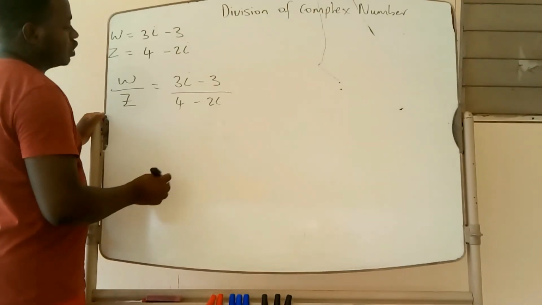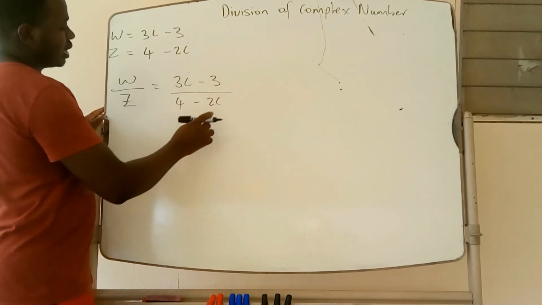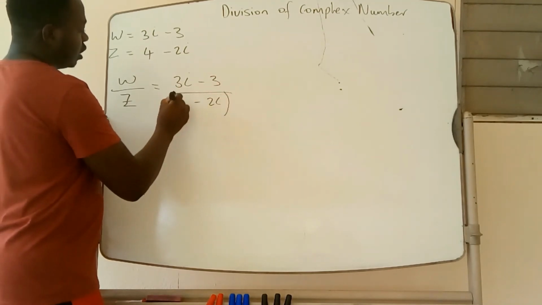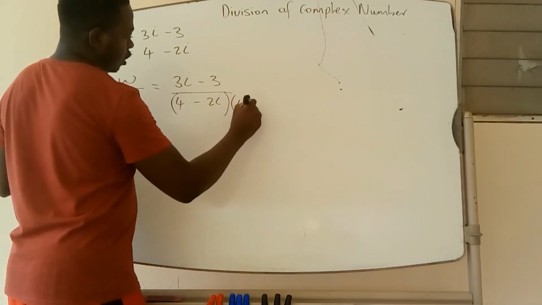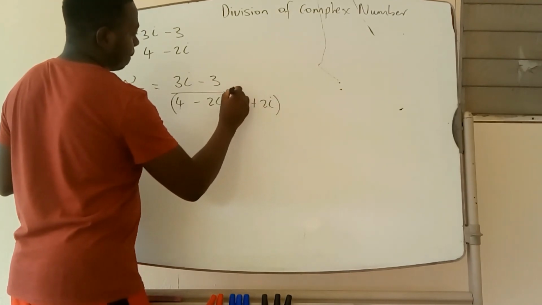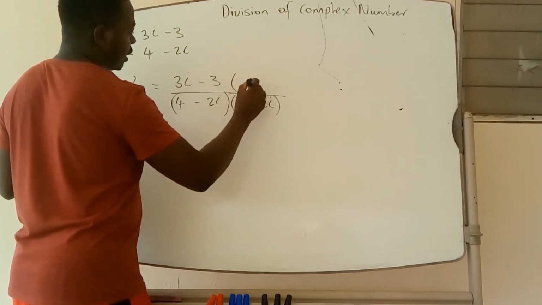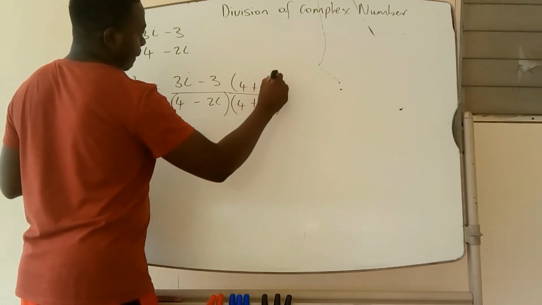Now we know that we must multiply both the denominator and the numerator by the conjugate of the denominator. So the conjugate of the denominator is going to be 4 plus 2i, right? So we're going to multiply the numerator with 4 plus 2i.